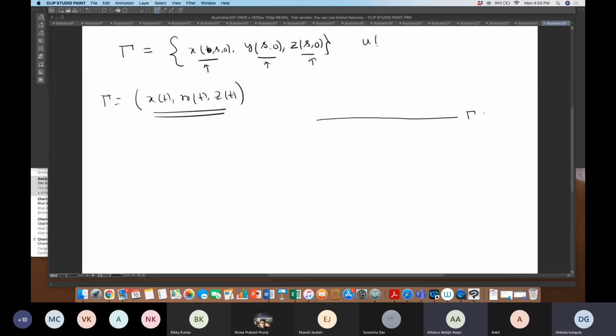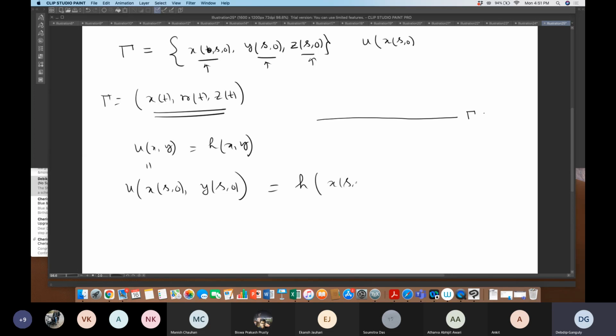The boundary condition is given as u of xy equal to h of xy. What does it mean? u of x of s0, y of s0. xy is nothing but x of s0, y of s0; this is a parameterization of x, y. This is h of s. Clear? I name it h of s.